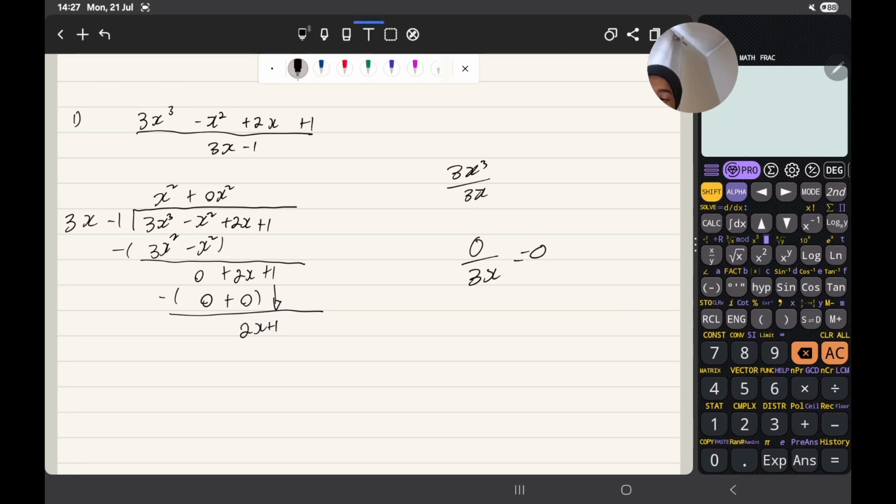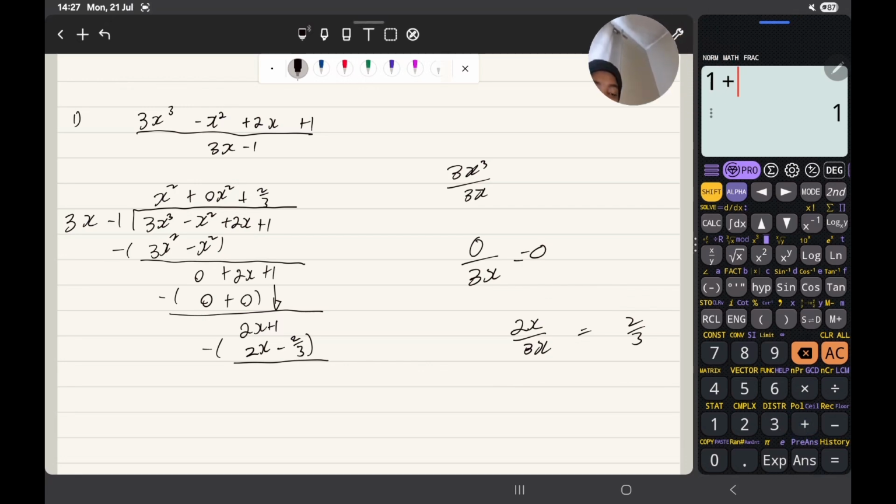So we go again, 2x over 3x, you're getting 2 over 3, right? So plus 2 over 3. And then we multiply, and we get 2x minus 2 over 3. When you subtract, you're going to get 1 plus 2 over 3, right?